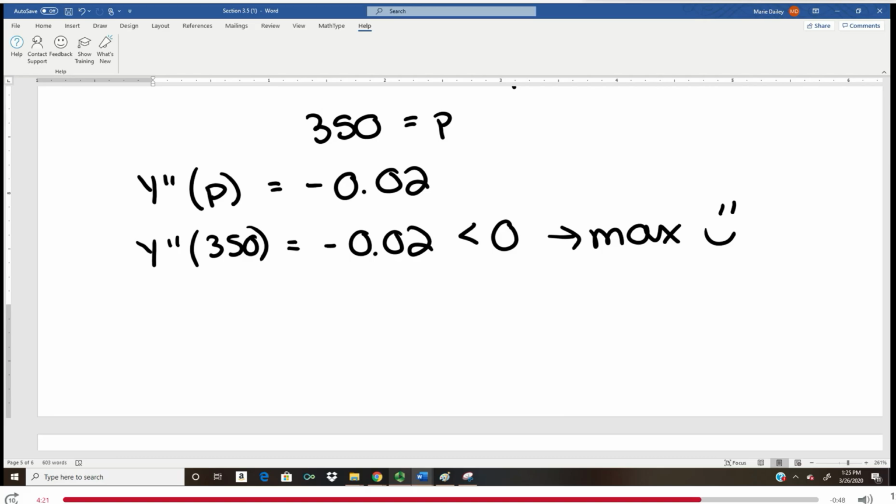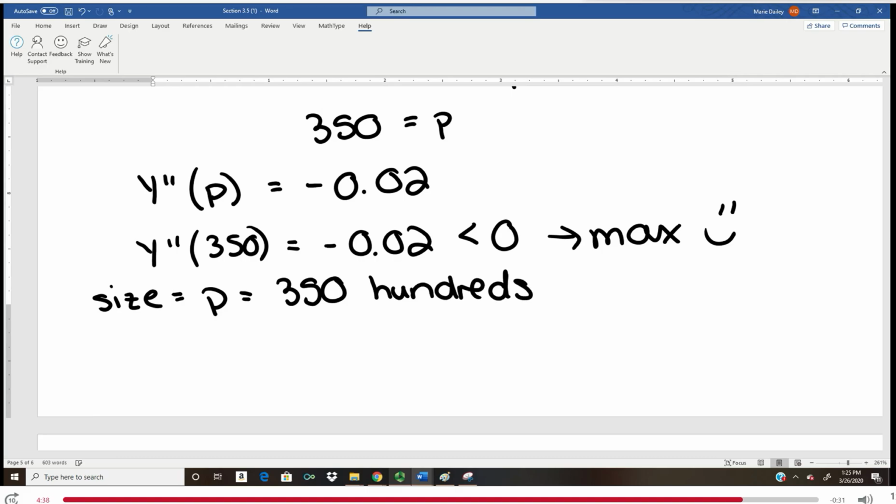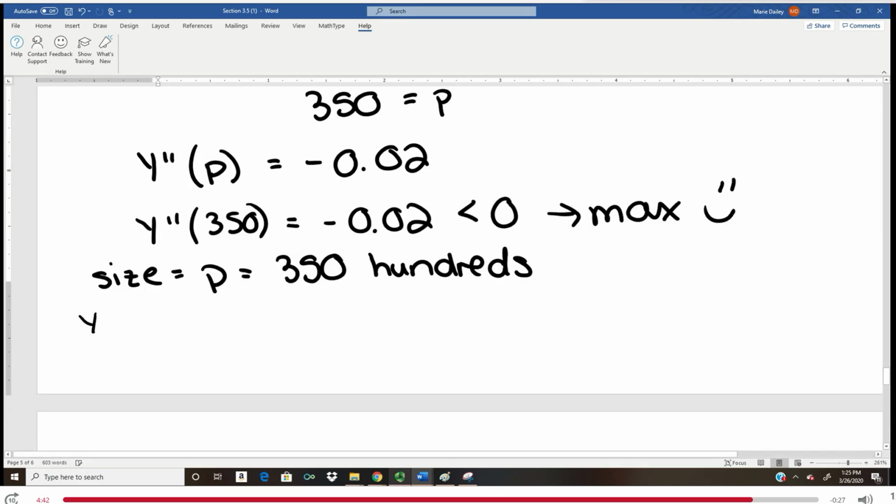Okay, so the question then asks what the size of our population should be. Well, the size, as we said, that was equal to P, so our population size then should be 350. Now remember, this is then measured in hundreds of swordfish. It then asks what the size of the yield was. Now remember, the yield is the size of the population.